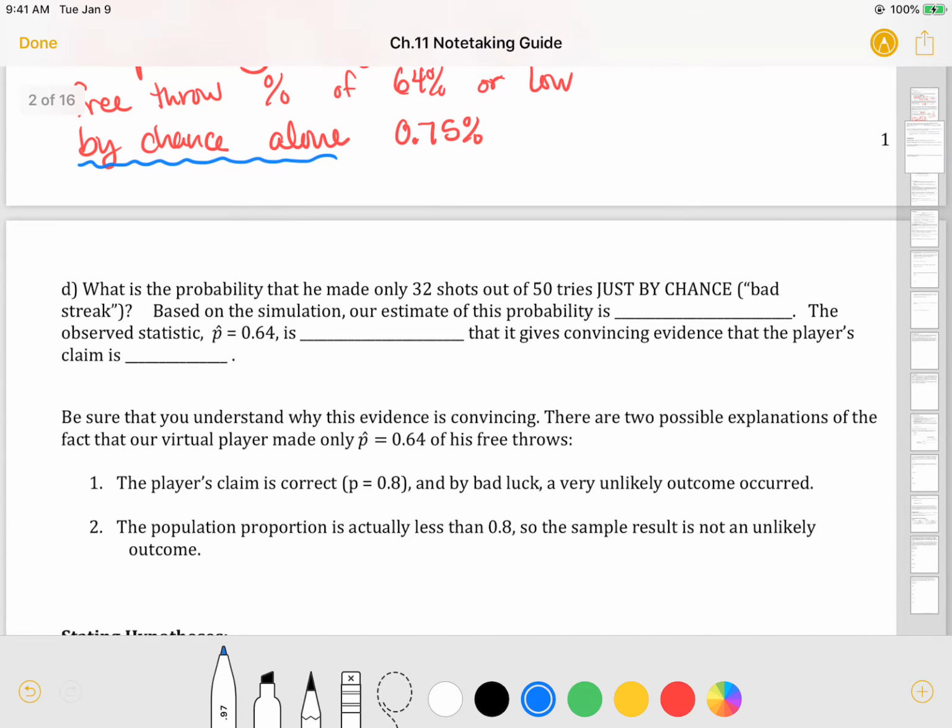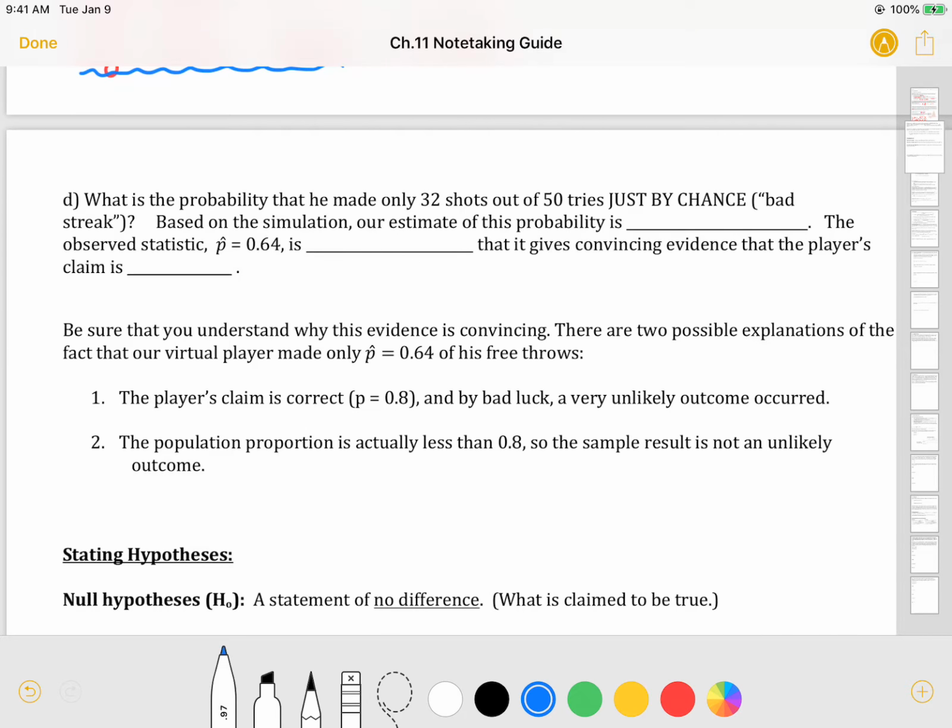So moving on, what is the probability that he made 32 out of 50 shots just by chance alone? Well, we just found that. Based on the simulation, our estimates say that this probability is 0.0075.